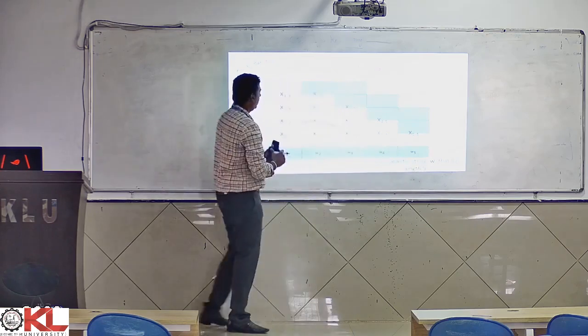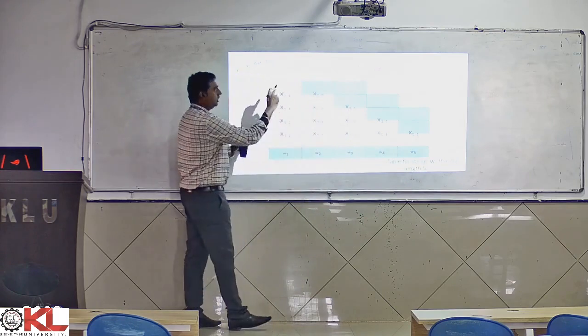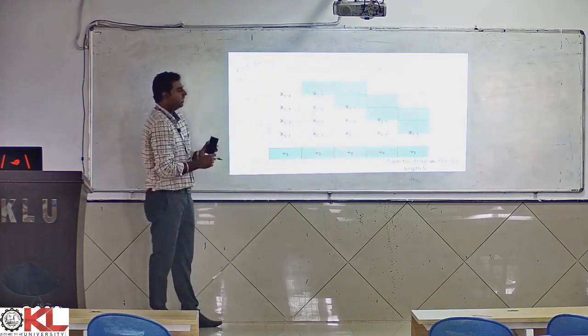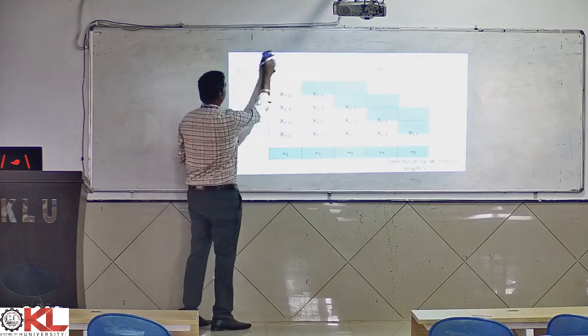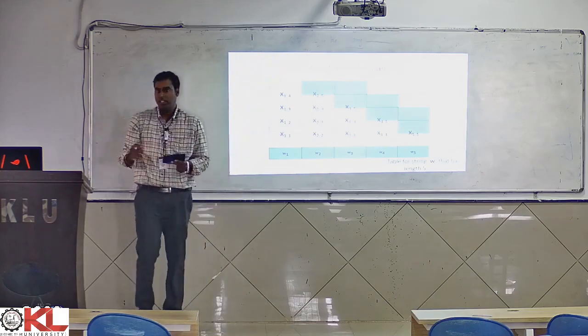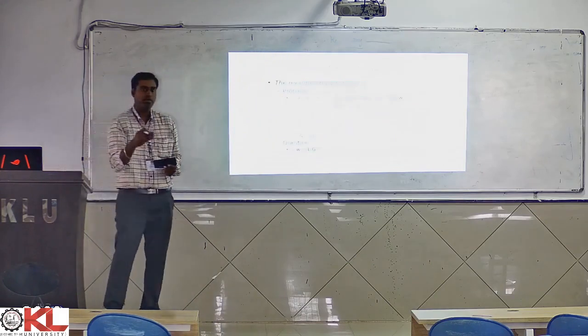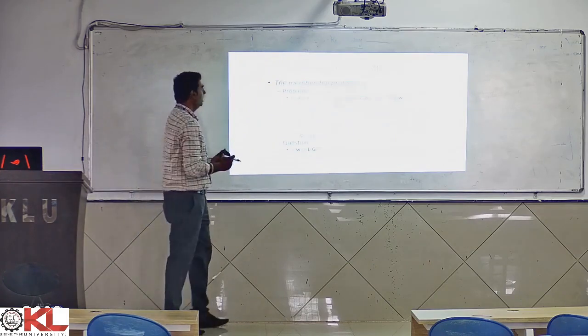That's why they have designed a 5 cross 5 tabular or triangular table. This is the first step we will do in the CYK algorithm, and then we will derive one by one, step by step.